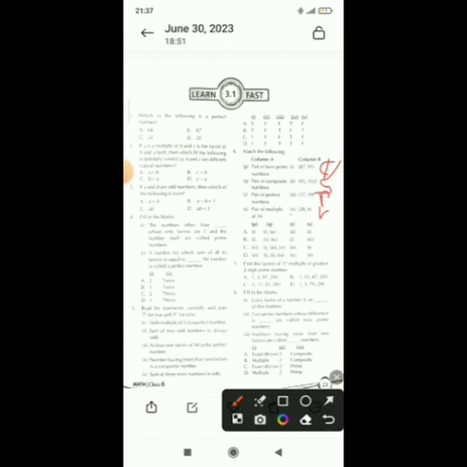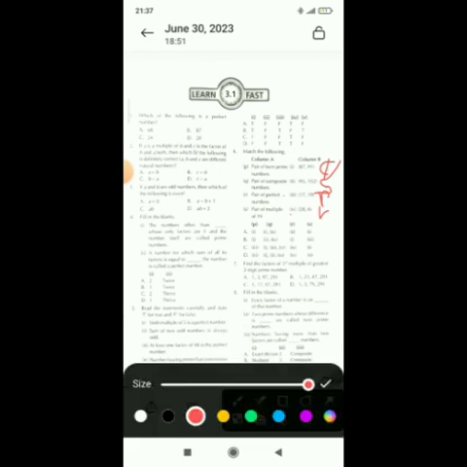Next, question number 7. Find the factors of the third multiple of the greatest 2-digit prime number. Oh, that's a lot. So it says that we need to find factors of the third multiple of the greatest 2-digit prime number. To find the answer, we need to first find the greatest 2-digit prime number, and that is 97.